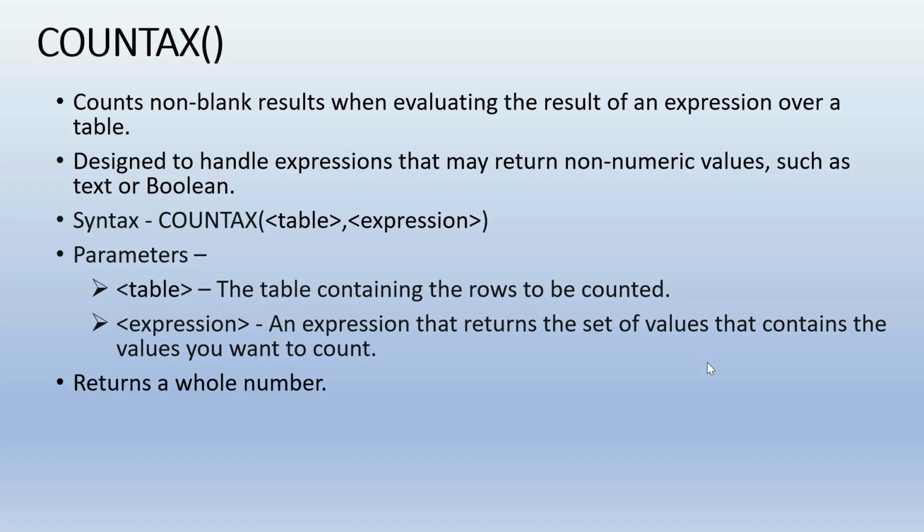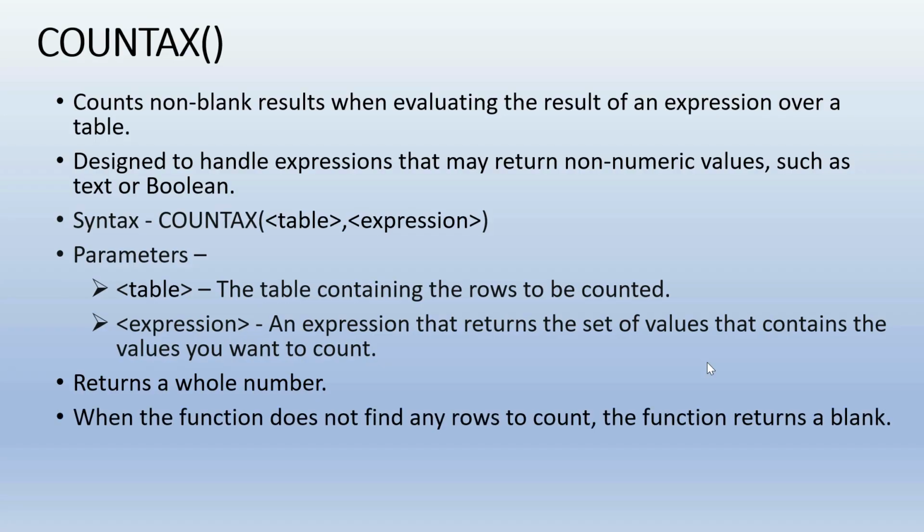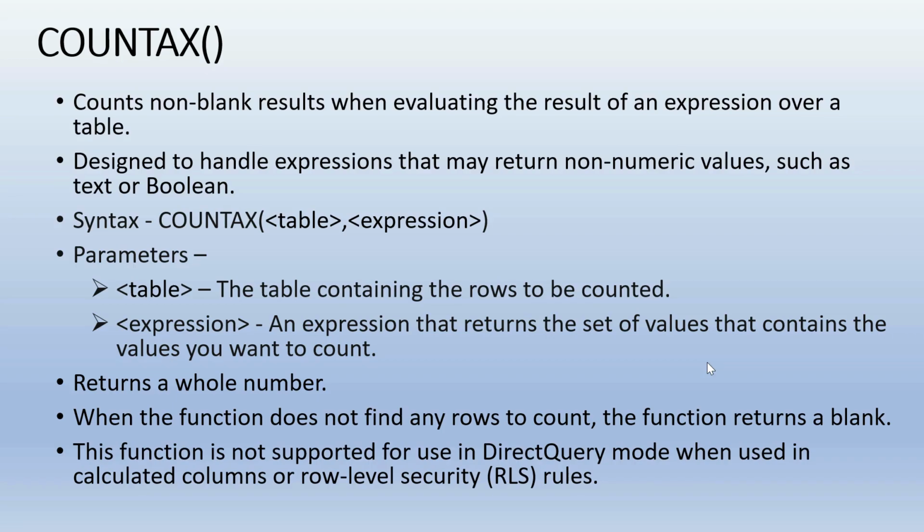It returns a whole number, so there would not be any decimals here. When the function is not able to find any rows to count, it will return a blank. And it is not supported for use in DirectQuery mode when we are using a calculated column or RLS rules.